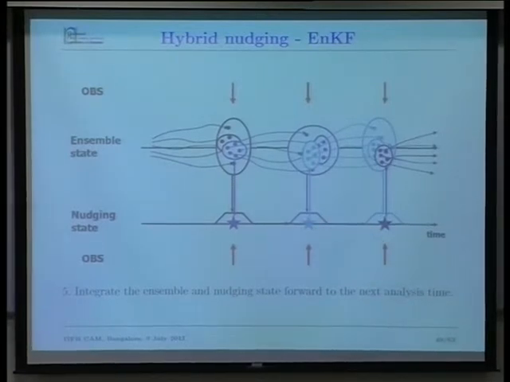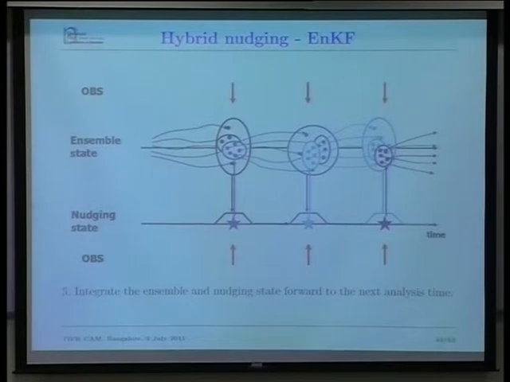So the idea is that the ensemble Kalman filter gives the best, in some sense, correction matrix. You use it for nudging. It gives a state which is probably better than what is given by the ensemble Kalman filter because you add the correction quite smoothly in time and space. And then you shift your ensemble to be centered at the nudging state.